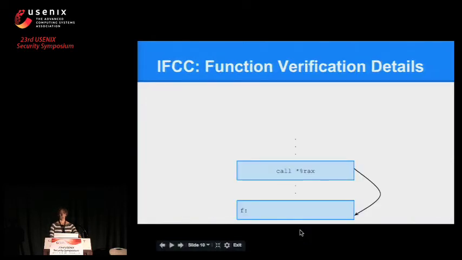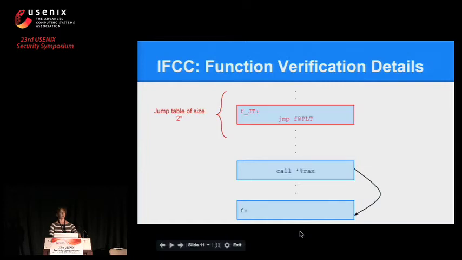So to understand IFCC, you consider indirect function calls. Here we have a register RAX that stores the address of a function f. For every such function f that is used as the target of an indirect function call in the program, IFCC creates an entry in a new jump table, in this case f_jt.